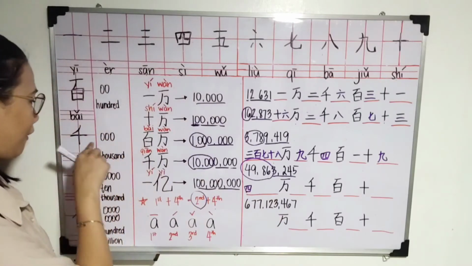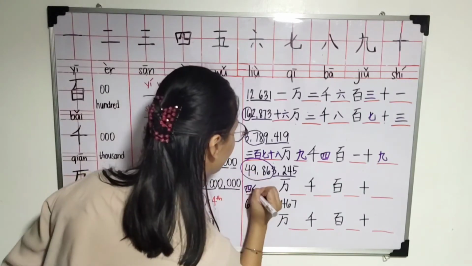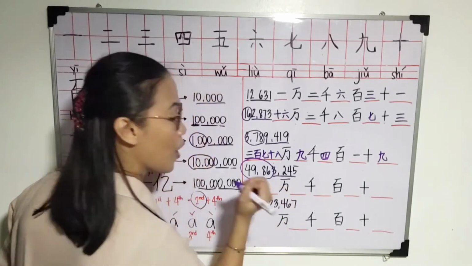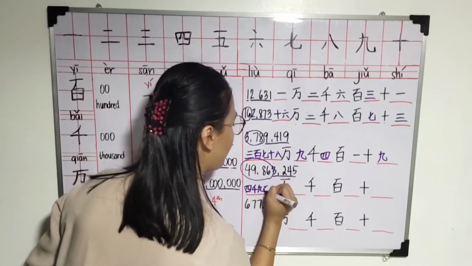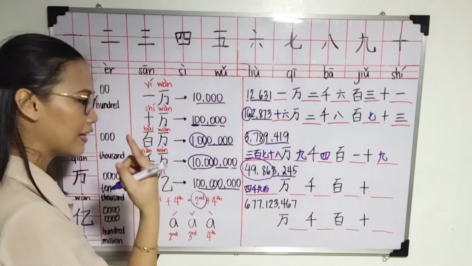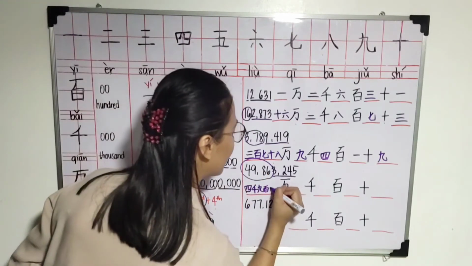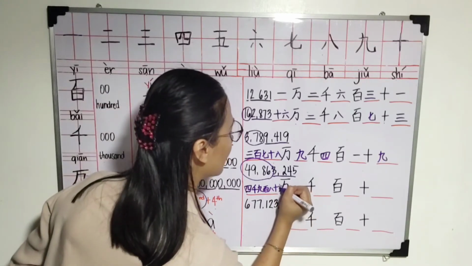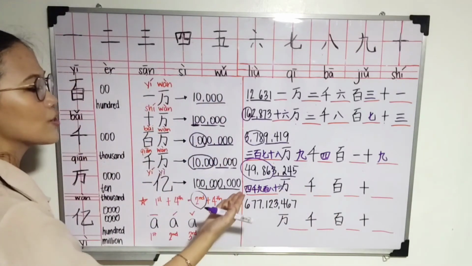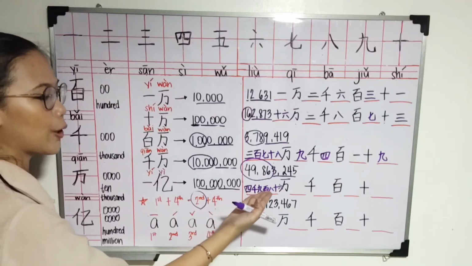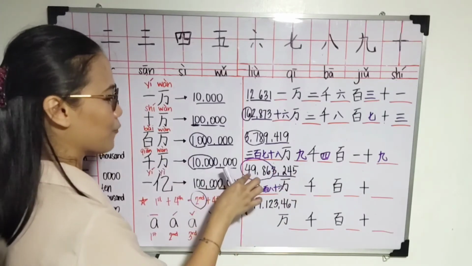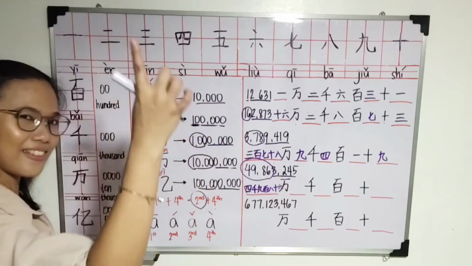What's 1,000? 10. Right? And then 9, 200. Pi. Right? Next. Pa. 80. Pa. 10. And then 6 is 6. Okay? So, 4,986 1. Okay? So, that's 4,986 10,000.